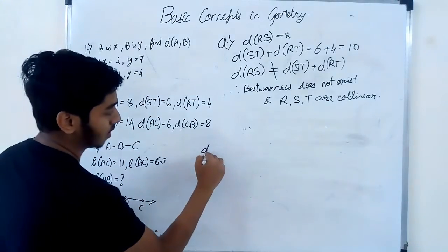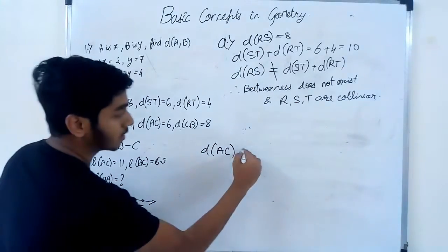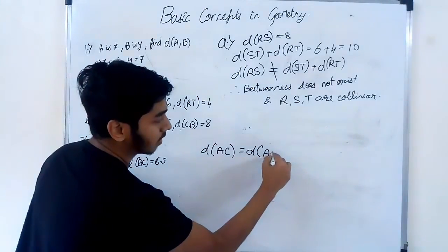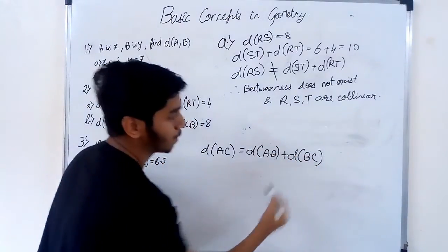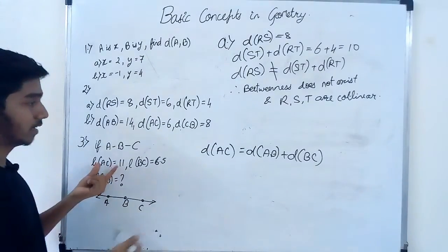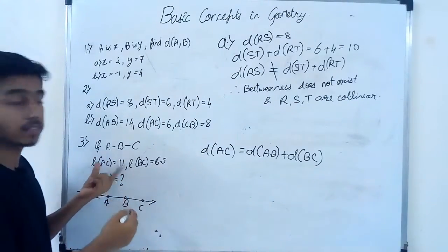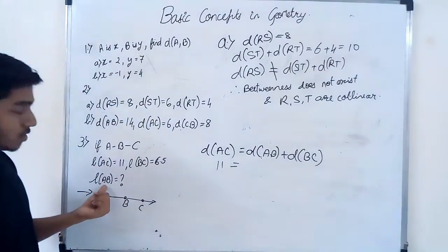So we can say distance AC, this whole, is equal to distance AB plus distance BC. Now what are we supposed to find? Put the values of them, whatever is given to us. Distance AC is 11, AB is to be found.